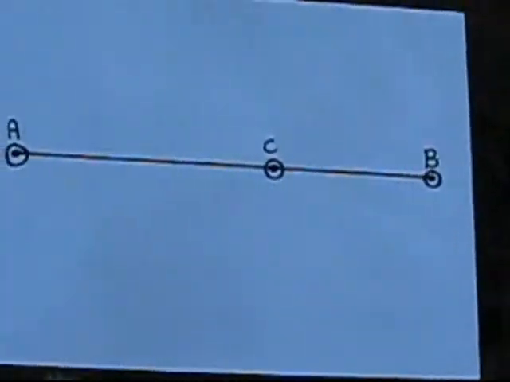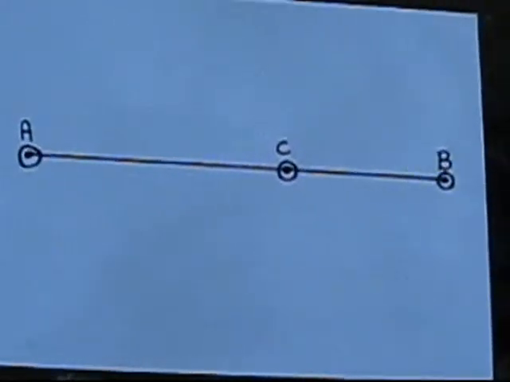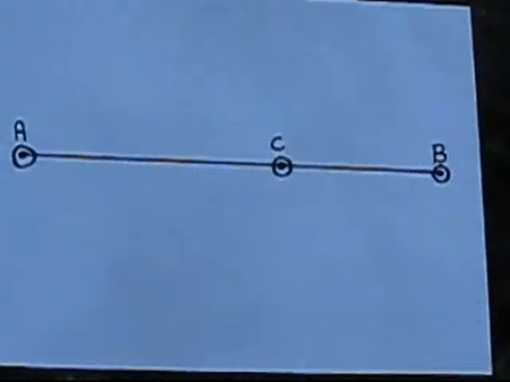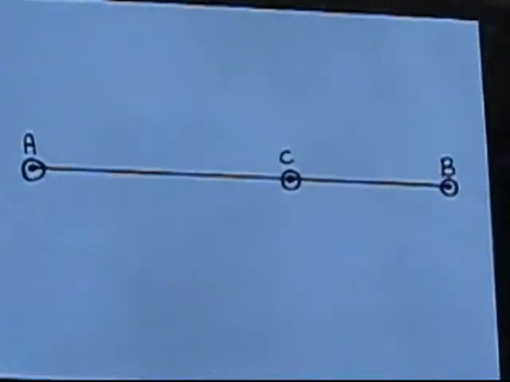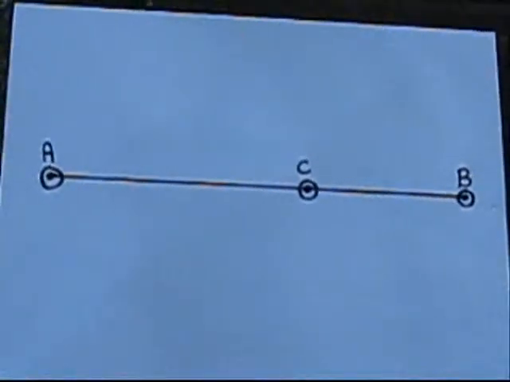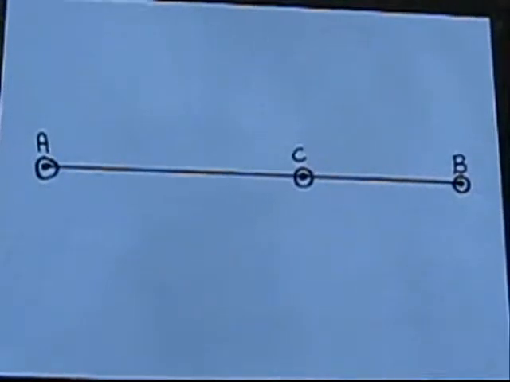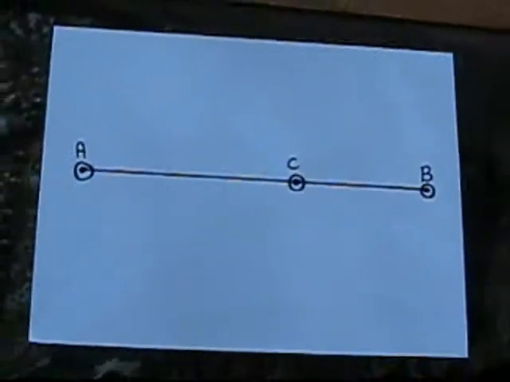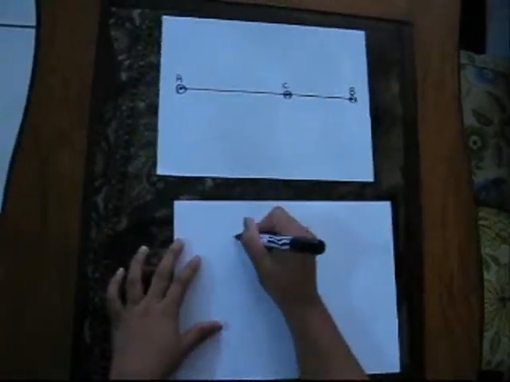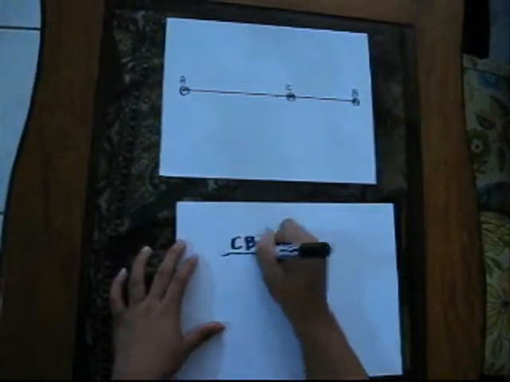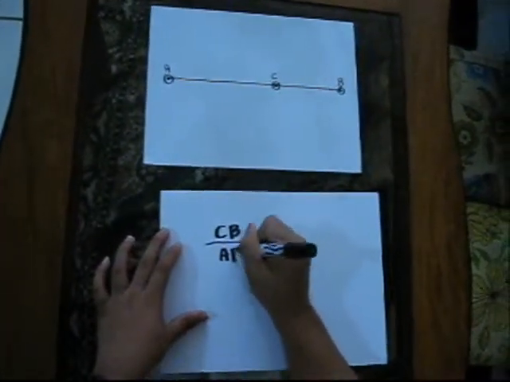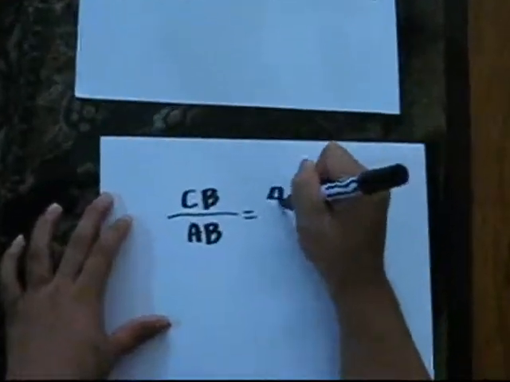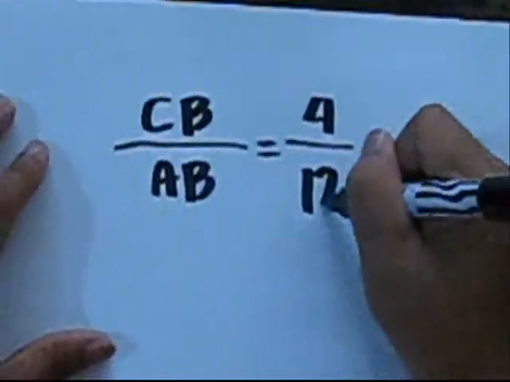As an example, in the figure, point C is between points A and B. If the distance between points A and B is 12 centimeters and the distance between points C and B is 4 centimeters, find the ratio of CB to AB. The solution: CB over AB is equal to 4 is to 12.